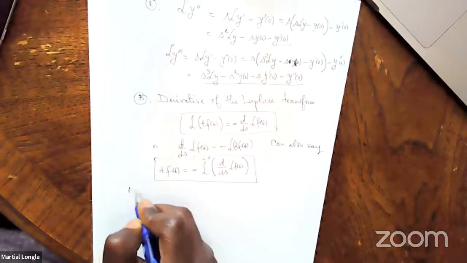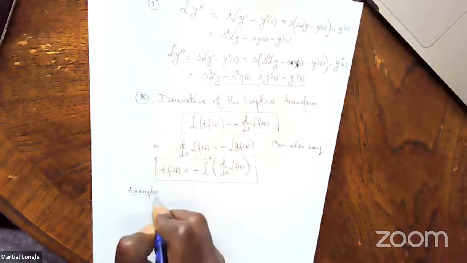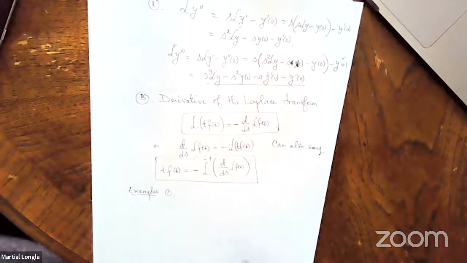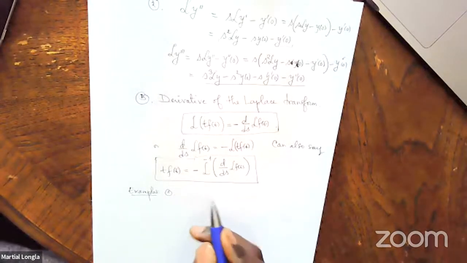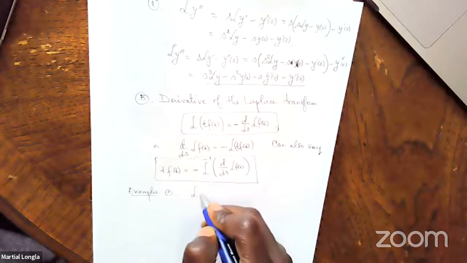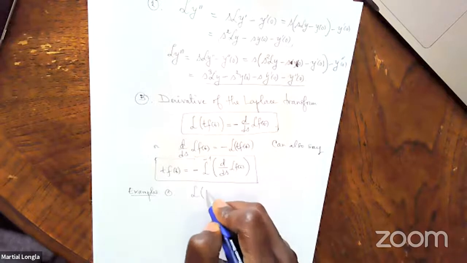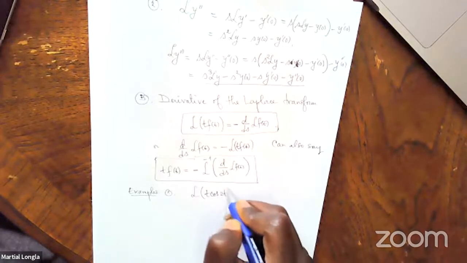So, examples. One is the Laplace transform of t cosine of 2t, for example.